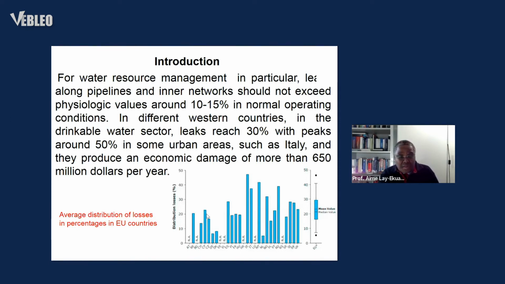We have here one case, I think, in Ireland and Poland. So in general, in Europe, in the Western countries, we have a loss of more or less 650 million dollars per year. So we have to manage this issue.